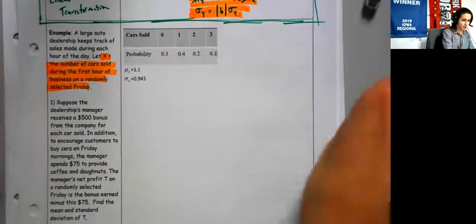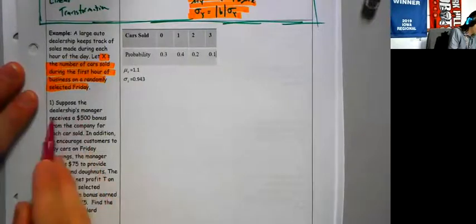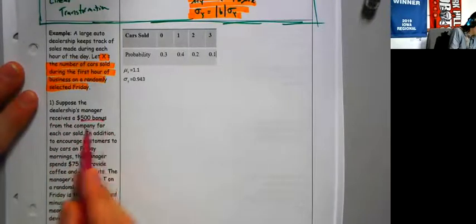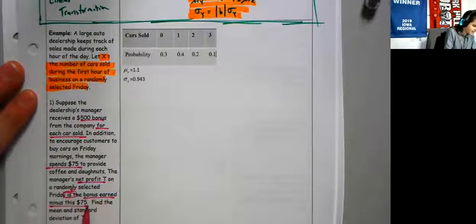Number one, suppose, our favorite word. The dealership's manager received a $500 bonus for each car sold. In addition, to encourage customers to buy cars on Friday mornings, the manager spends $75 to provide coffee and donuts. The manager's net profit T on a randomly selected Friday is the bonus earned minus this 75.